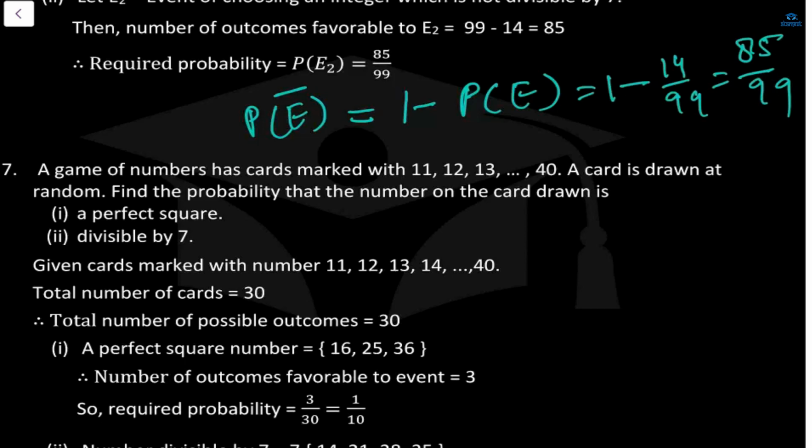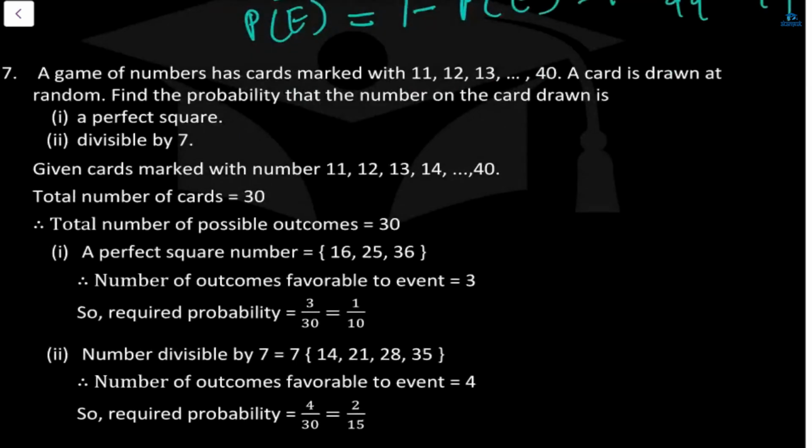Now a card is drawn at random. Find the probability that the number on the card drawn is a perfect square, and the probability that it is divisible by 7. We have already got the total number of cards, so the possible outcomes are 30. Perfect squares from 11 to 40: 2 squared is 4, but we have to choose from 11.